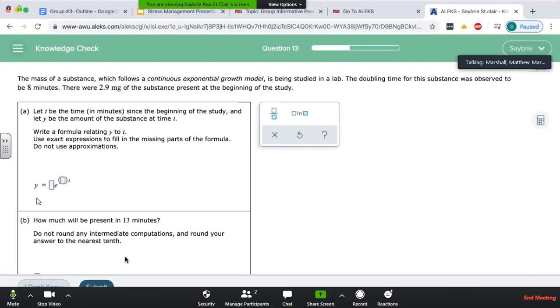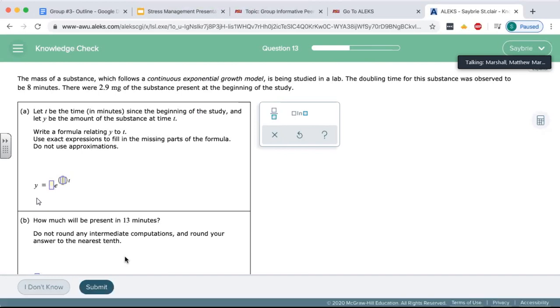Alright, let me look for this one. I know we just did this. We want to get these right.